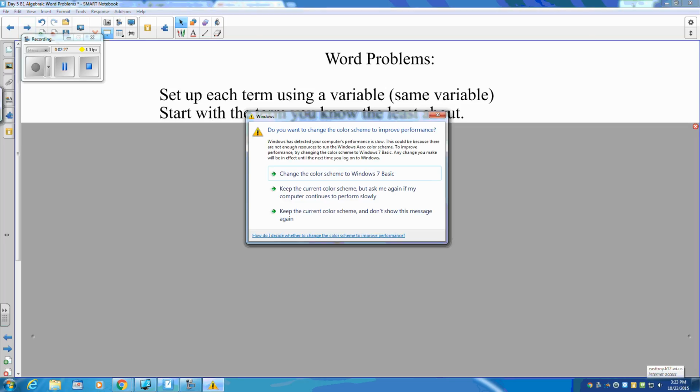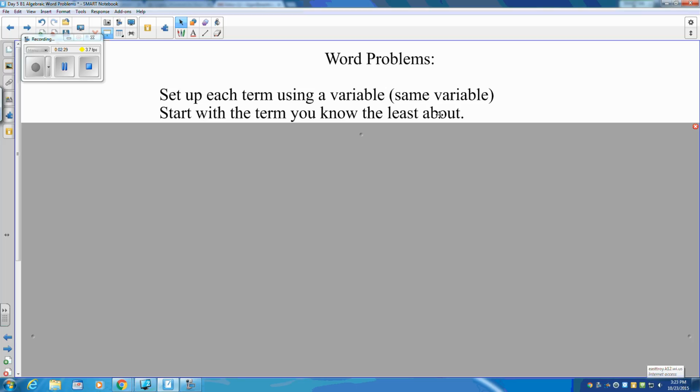Now, at first, that'll be very difficult to do, but this is a helpful way. As you read through the problem, you're going to know less about one of those terms than the rest. The one that we know nothing about, that they really don't give us any information about, we're just going to use a variable by itself. Since we don't know it, we'll use an x or a k or a t or an n, whatever variable you'd like.